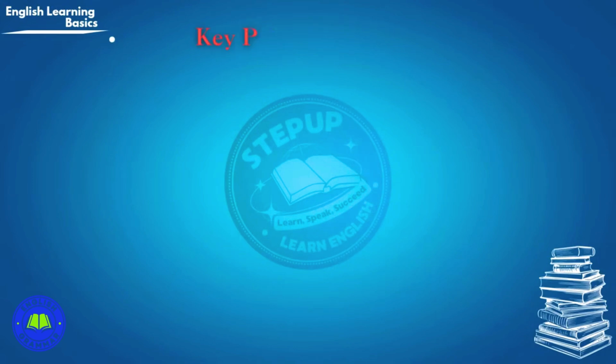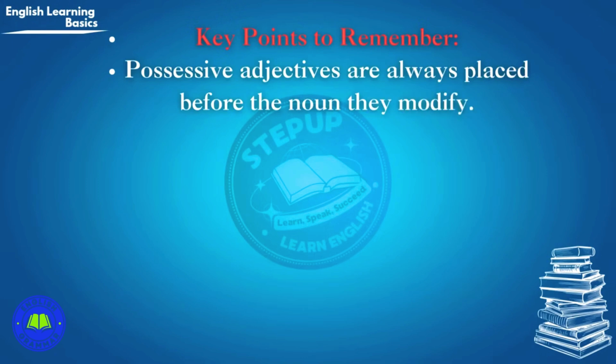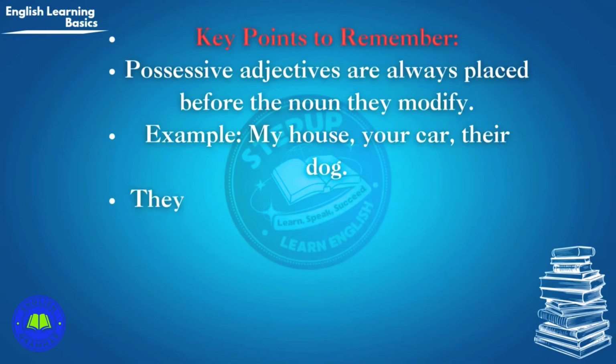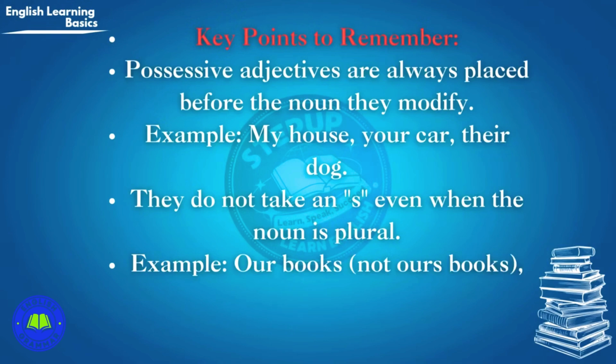Key points to remember. Possessive adjectives are always placed before the noun they modify. Example: my house, your car, their dog. They do not take an S even when the noun is plural. Example: our books, not ours books; their children.